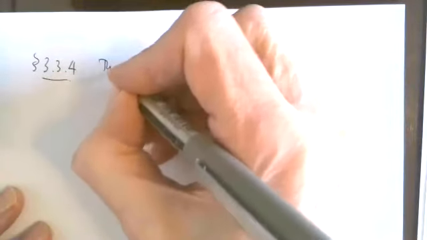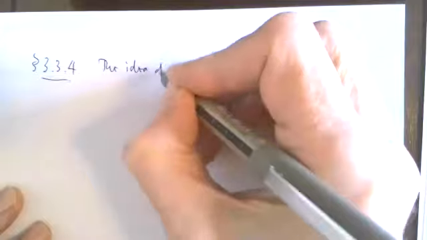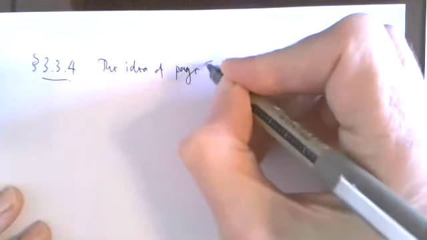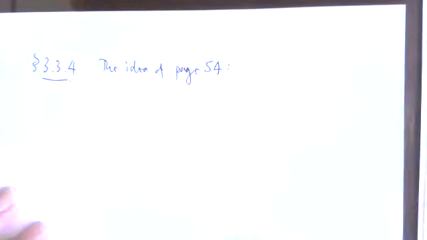Okay, so section 334. You want to think more about assignments or interpretations. So what's the idea on page 54?